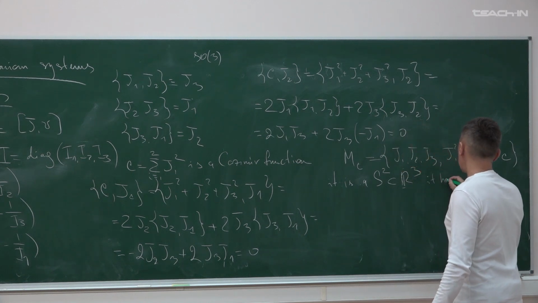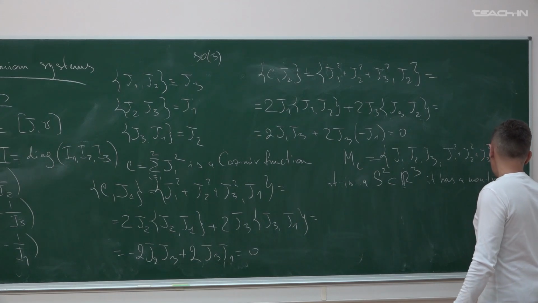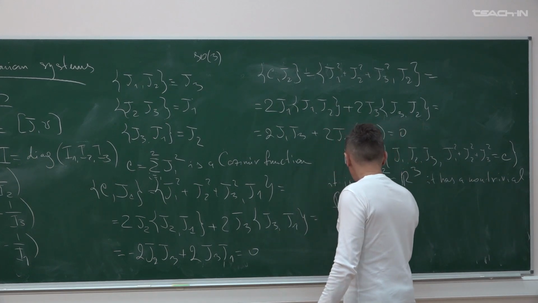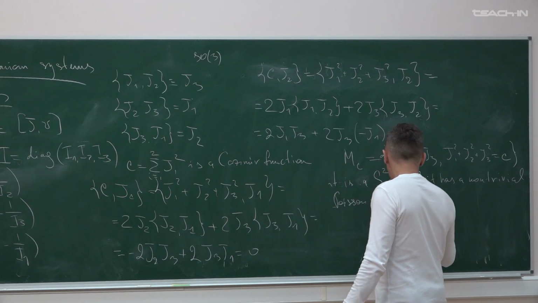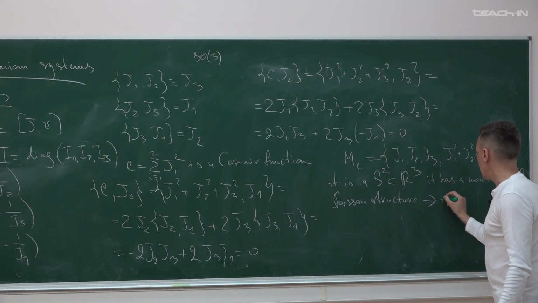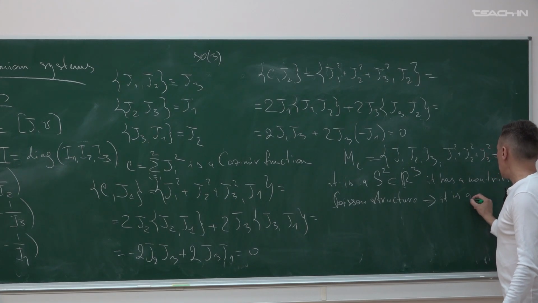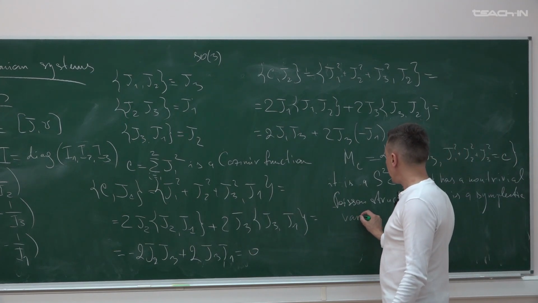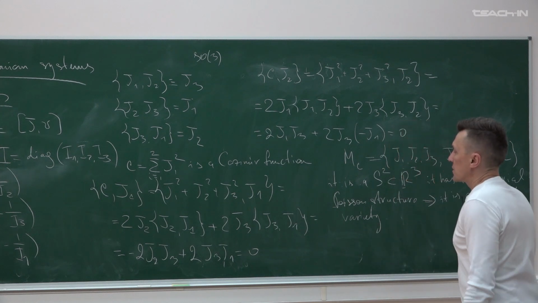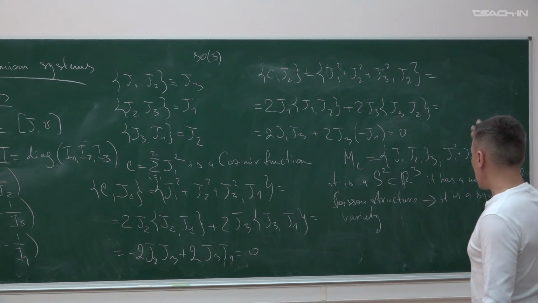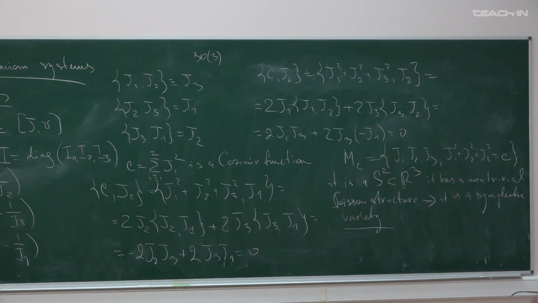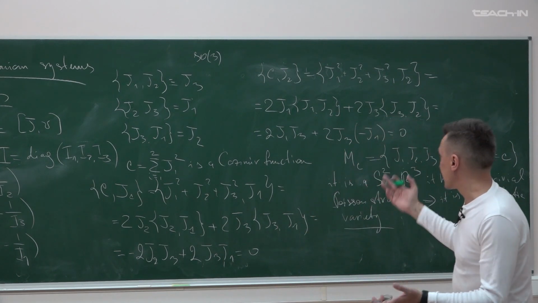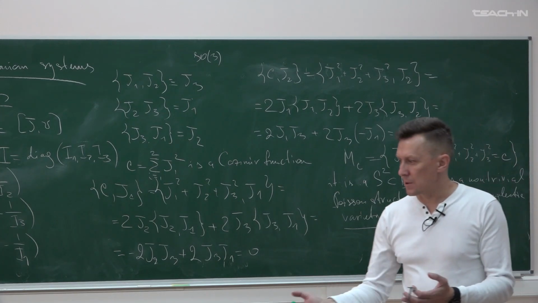It has a non-trivial Poisson structure. It is a very famous symplectic structure on the sphere, but for the moment it is important for us that it is symplectic.